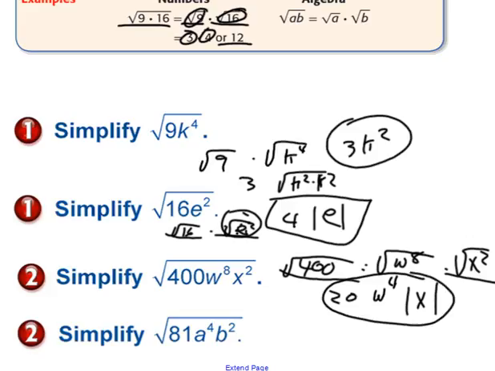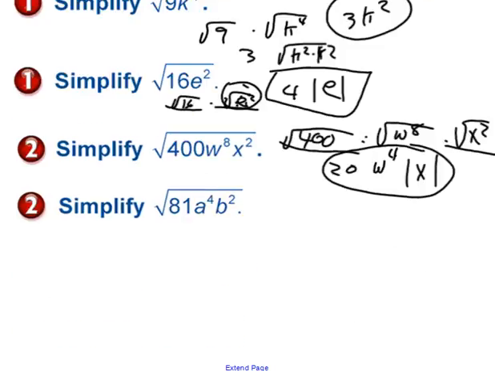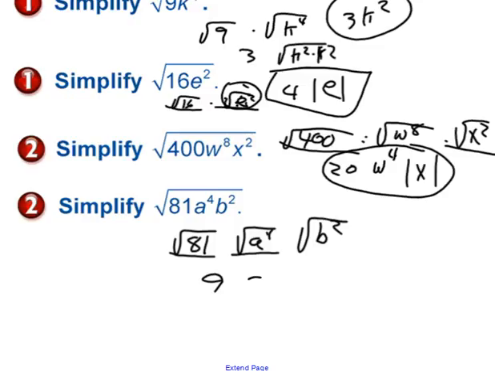Right. And let's look at this last one here. The square root of 81, a to the 4th, b squared. So it'd be the square root of 81 times the square root of a to the 4th times the square root of b squared. Well, square root of 81 is 9. 9 times 9 is 81. Square root of a to the 4th is a squared.